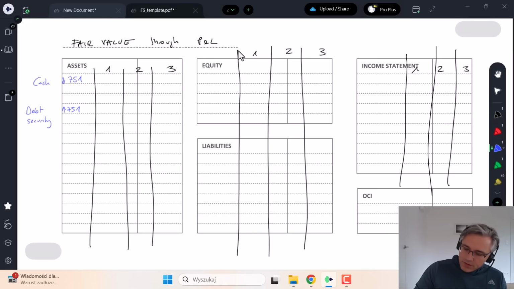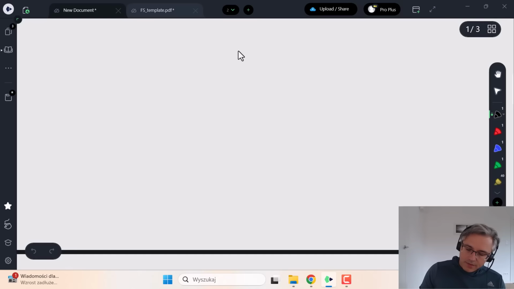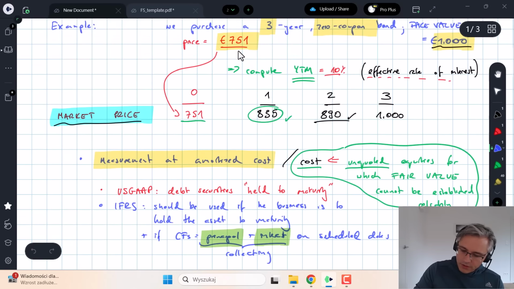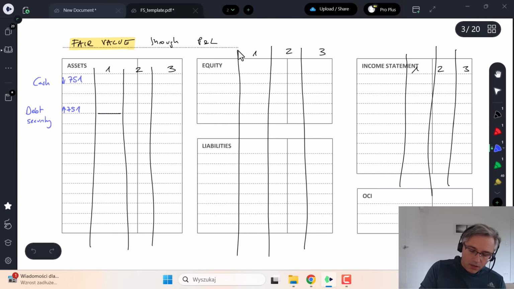This approach also relies on tracking the fair value of the asset. So, we begin at 751 and subsequently need to show increases to 835, 890, and 1,000.